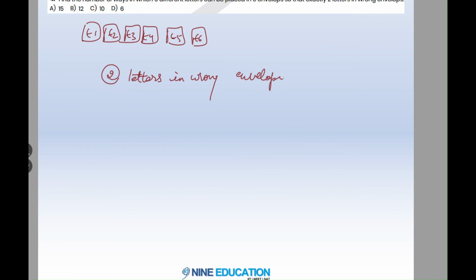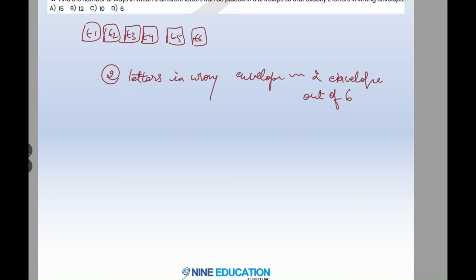Now, for exactly 2 letters in wrong envelope, it means you have to choose 2 envelopes out of 6, so that they have 2 letters wrongly placed.